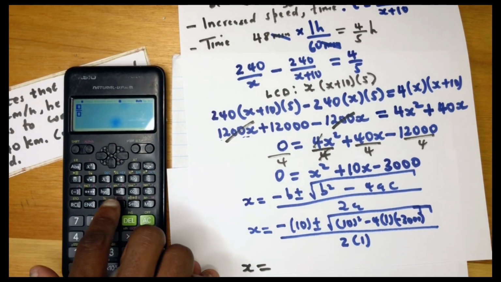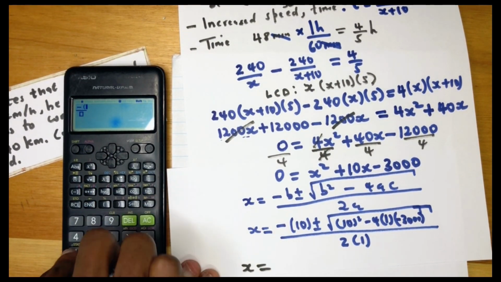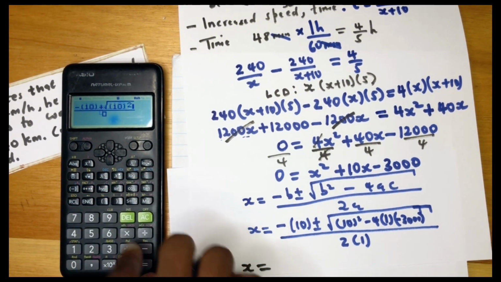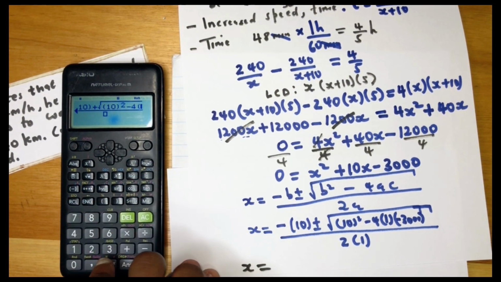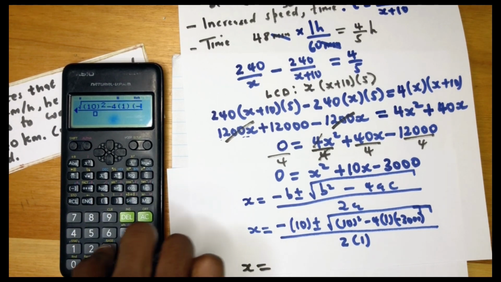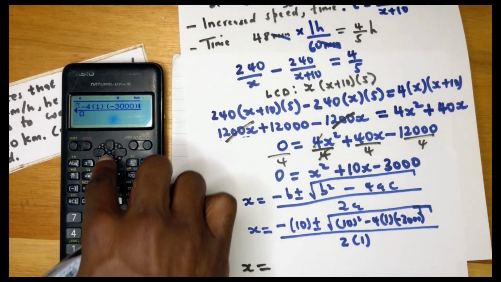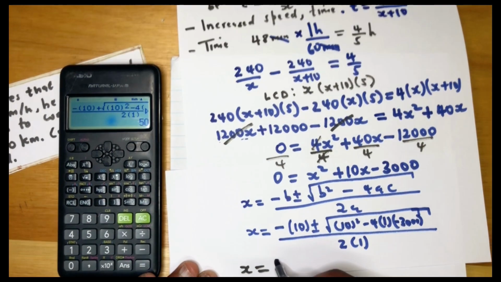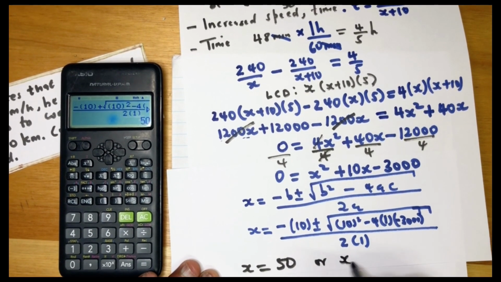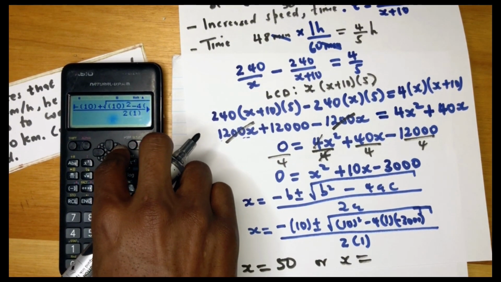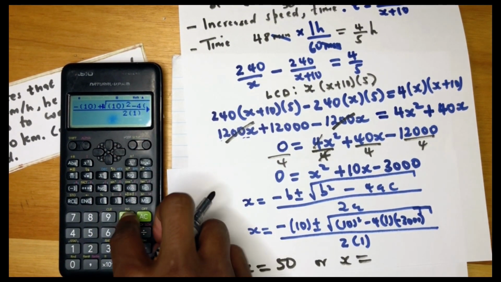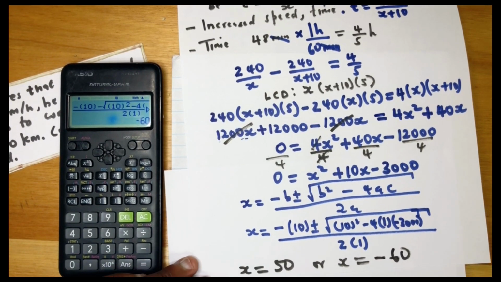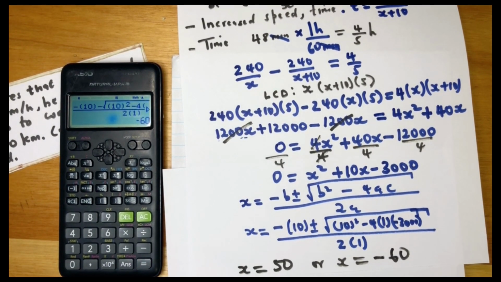So I have negative 10 plus or minus the square root of 10 squared minus 4 into 1 into minus 3,000, over 2 into 1. So we have x is equal to 50 or x equals minus 60. Right guys, does it make sense to have a negative speed?